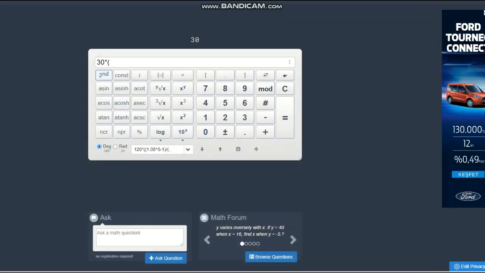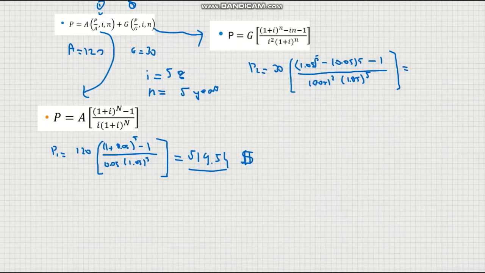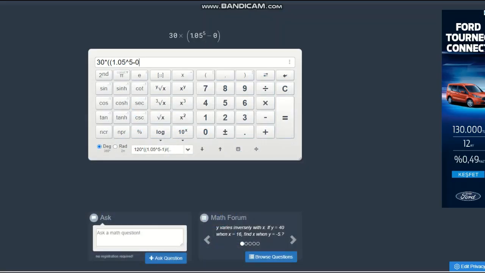Okay, let's make another parenthesis: 1.05 to the power of 5 minus 0.05 multiplied by 5, which is going to be 0.25, minus 1.